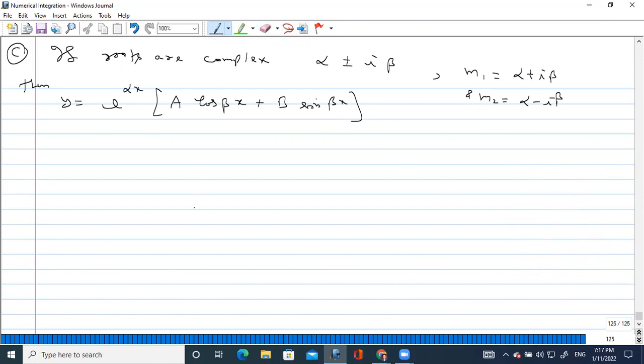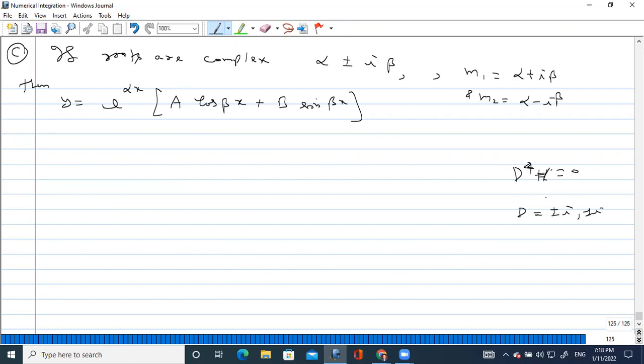Okay, one more case can be there if sometime this is repeated. If these roots alpha plus i beta and again alpha plus i beta, means if we have D to the power 4 plus 1 equal to 0, in that case I will get D equal to plus minus i and plus minus i.